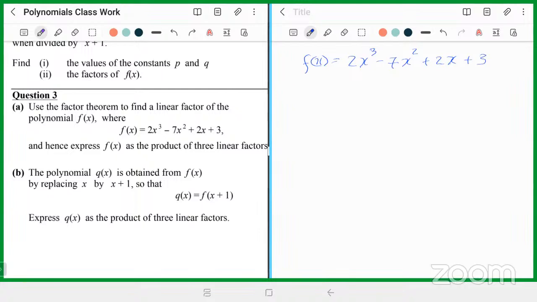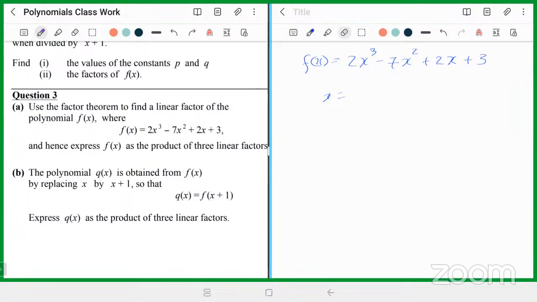All right. So I want to factorize. Let's choose trial and error to find a factor first. I don't think 1 will work. Will 1 work? If I put x equals 1, it's going to become 2 minus 7 plus 2 plus 3. No. So let's try the minus 1.